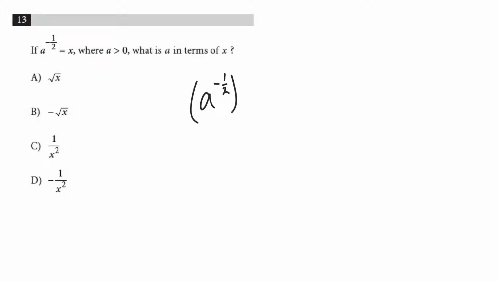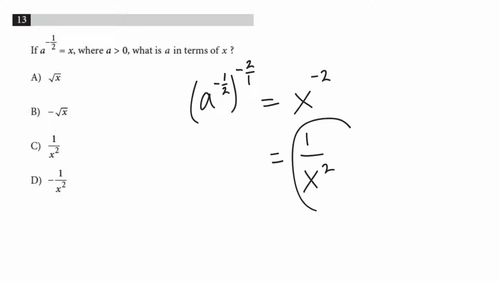Well, we need to raise it to negative 2 over 1, right? And then I got to do the same to the other side. So negative 2 over 1 is just negative 2. Okay? And we know that with a negative exponent, you bring it across the fraction bar, so that's going to be 1 over x squared. That's C.